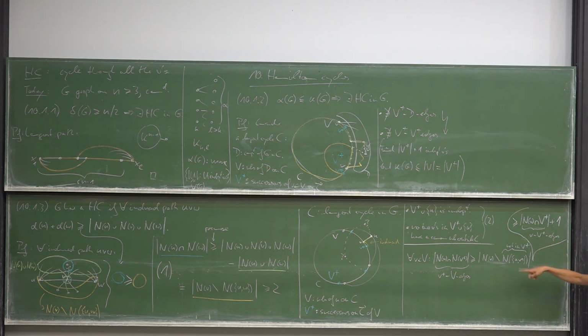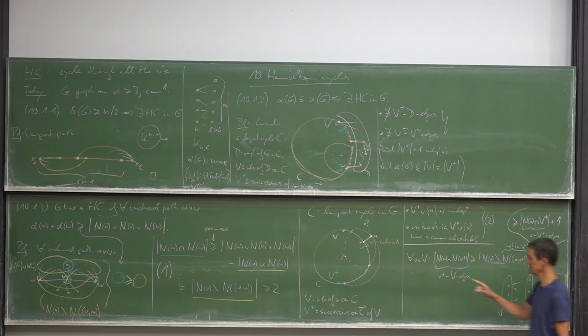And at this point, it might trigger an instinct which is called double counting. So if we have a bipartite graph, in this particular case the graph with vertex classes V and W, any bipartite graph, so that has some edges, right?